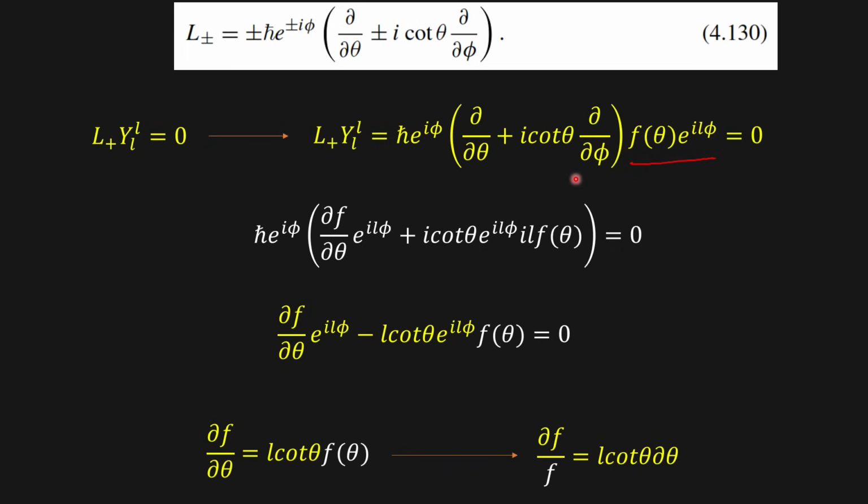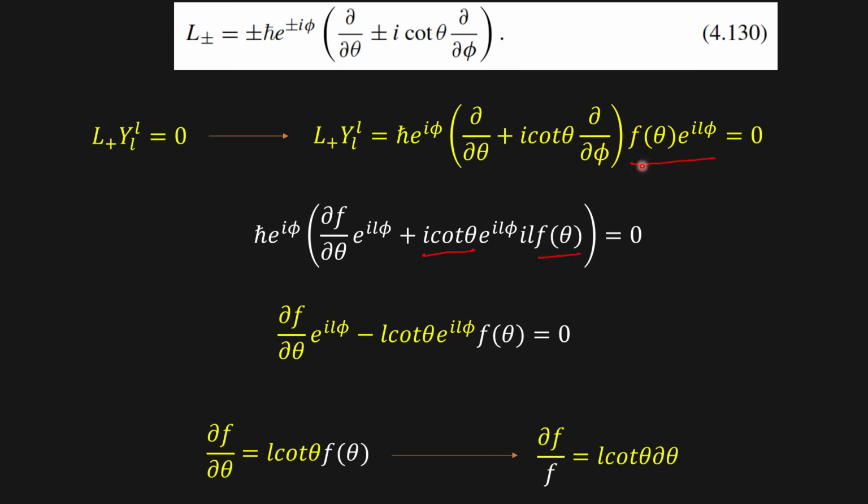Similarly, the next term depends only on phi, so you differentiate the exponential term and keep i cot theta and f of theta as they are.